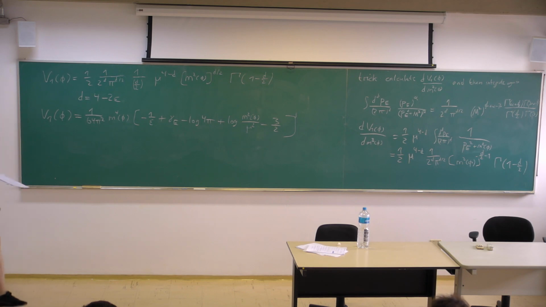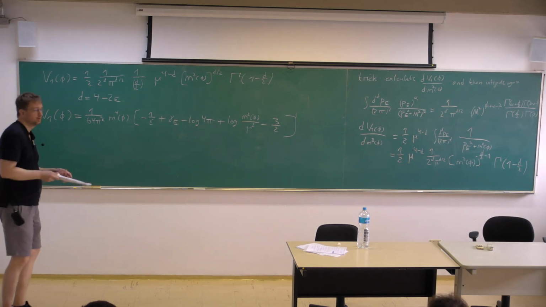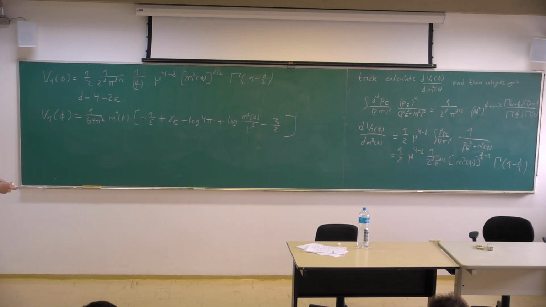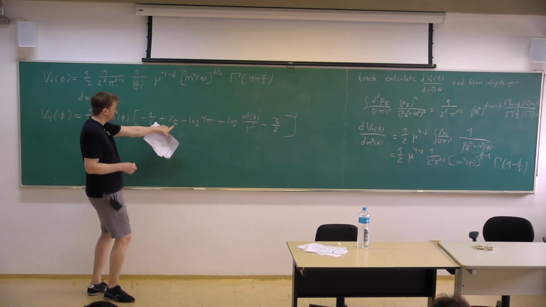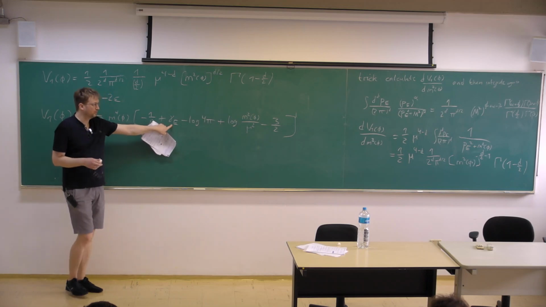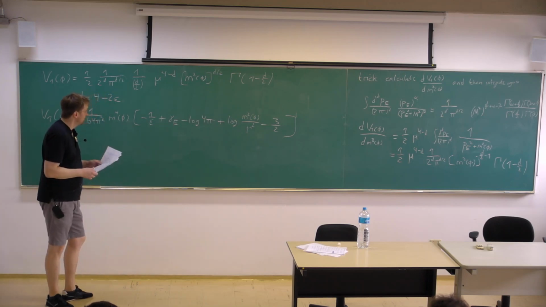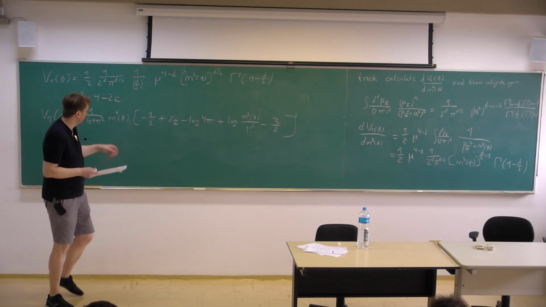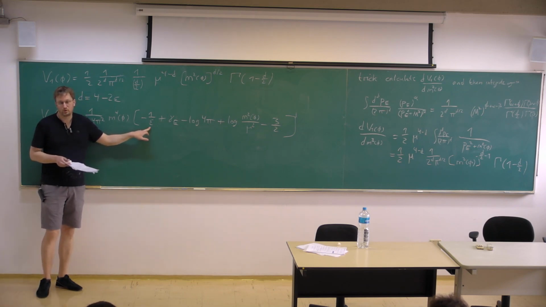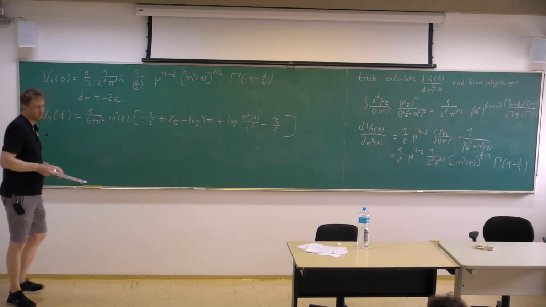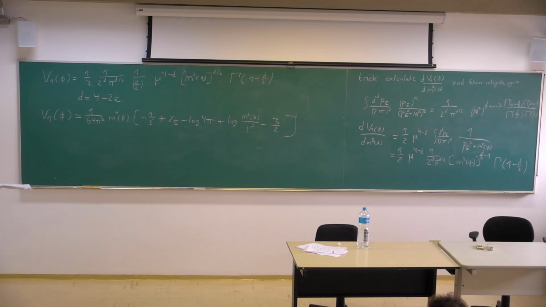So now this already looks a lot simpler than what we had in the intermediate steps. This is the so-called Euler-Mascheroni constant. And what is to note here is that I have this 1 over epsilon pole. Now if I take epsilon to 0, this blows up. So I have to renormalize this theory.